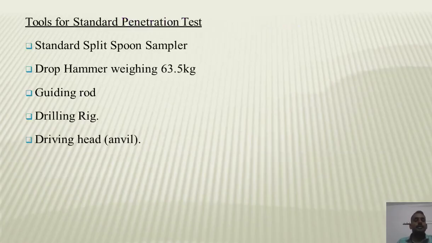The tools required for standard penetration test are a standard split spoon sampler, a drop hammer weighing 63.5 kilograms, guiding rod, drilling rig, and the driving head anvil.